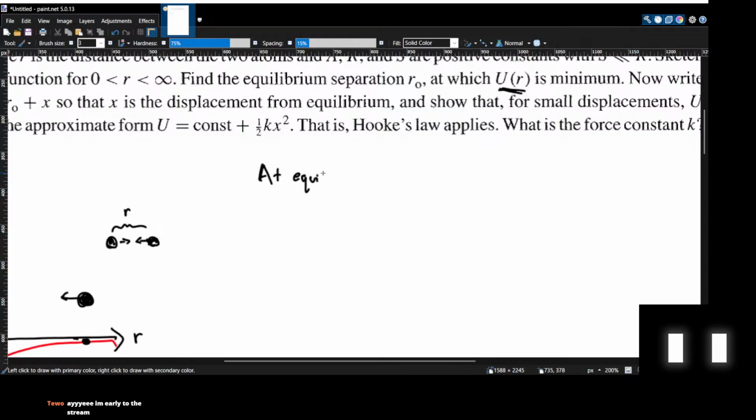At equilibrium, what do we have? At equilibrium, the net force is 0. So, basically, F equals 0.